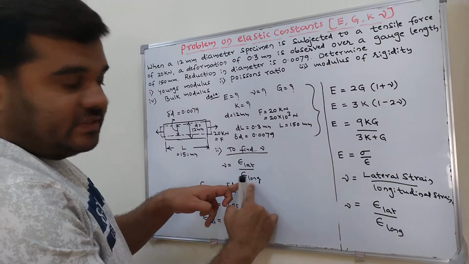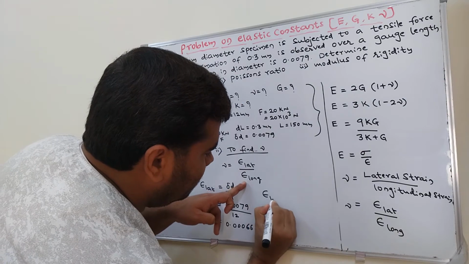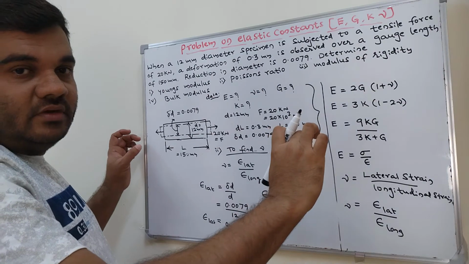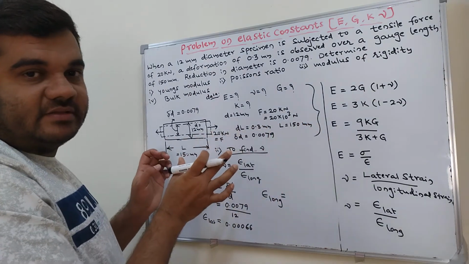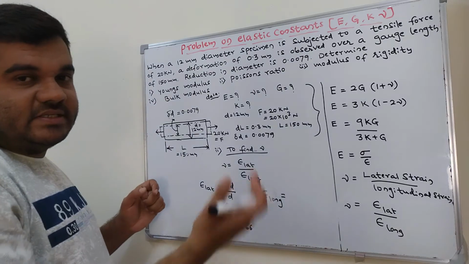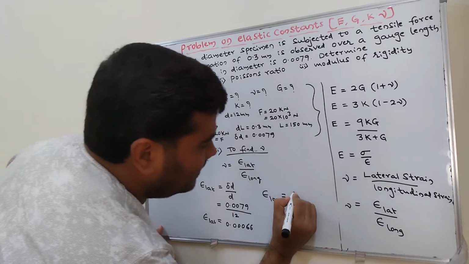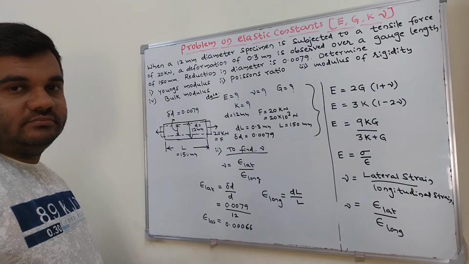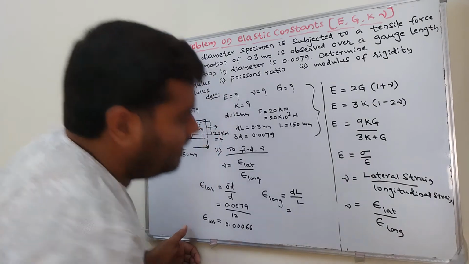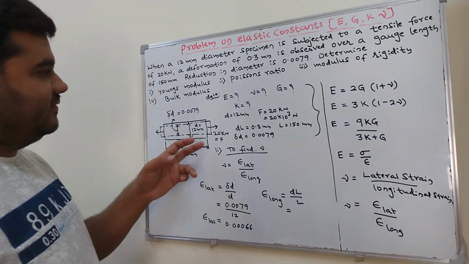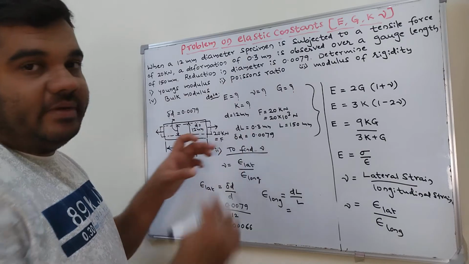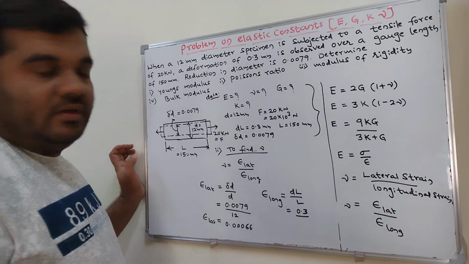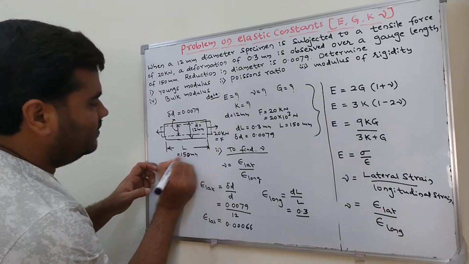Now find out the longitudinal strain. What is the formula? Longitudinal strain equals change in length divided by original length. The change in length after application of the load is 0.3 millimeter, divided by the original length, 150 millimeter.